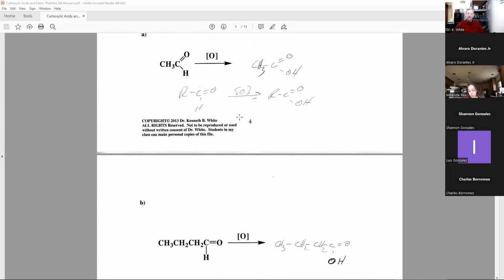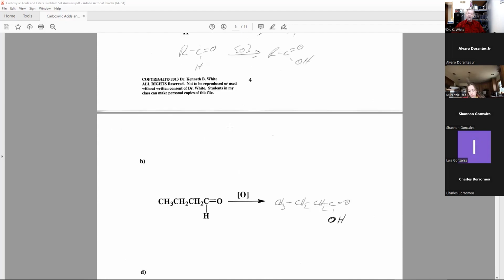And here you look for what's different. As always, let's do B because it looks like fun. Now, you know, I'm an organic chemist. And what do we have that's different? Ooh, oxygen double bond to carbon with a hydrogen on carbon. That's an aldehyde.